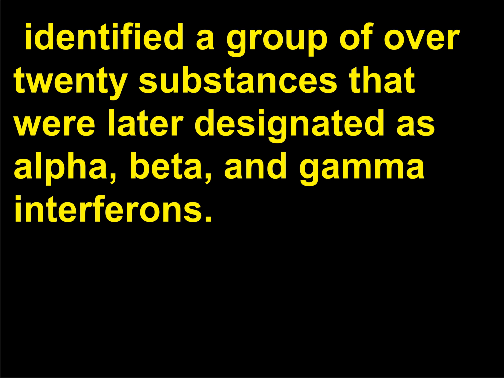In 1957, Alec Isaacs, 1921 to 1967, and Jean Lindenmann, 1924, identified a group of over 20 substances that were later designated as alpha, beta, and gamma interferons.